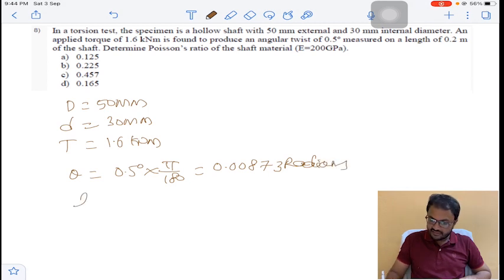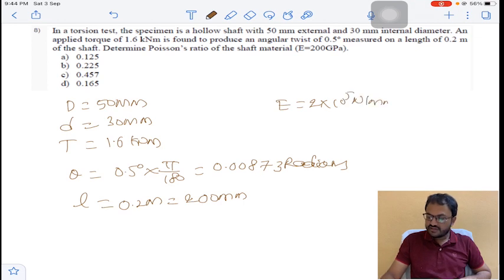Now length L is equal to 0.2 meter, that is 200 mm, and E is given as 2 into 10 power 5 Newton per mm square. So the question is, we need to calculate the Poisson's ratio for the given problem.